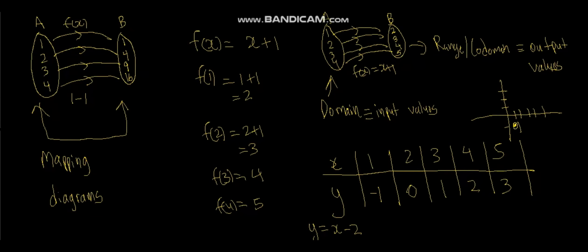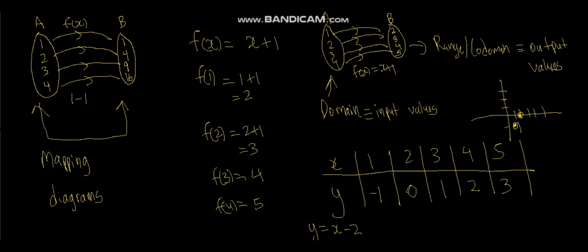When x is 2, y is 0. The point where the line cuts the x-axis is the solution of the equation.